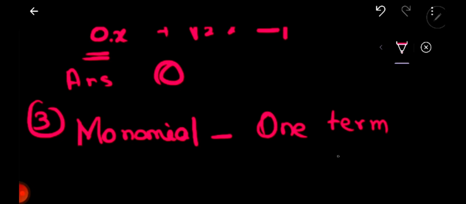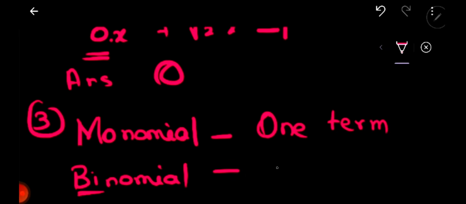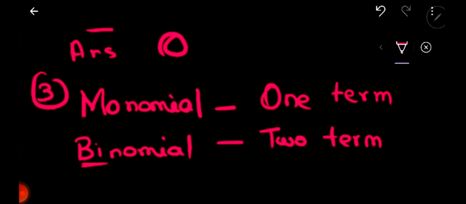For example, x squared, 5x, 3x, like that. And the next one is binomial. What is binomial? Bi means 2, so having two terms. A two-term polynomial is called a binomial.